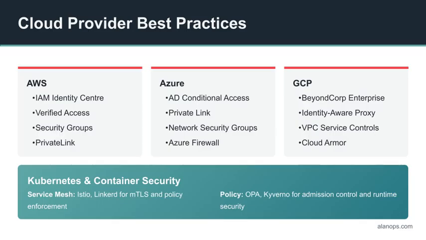On GCP, BeyondCorp Enterprise is Google's Zero Trust solution. Identity-Aware Proxy, VPC Service Controls, Cloud Armor. And for containerized workloads running on Kubernetes, service mesh technologies like Istio and Linkerd provide mutual TLS between services. OPA and Kyverno enforce policies at admission time and runtime.